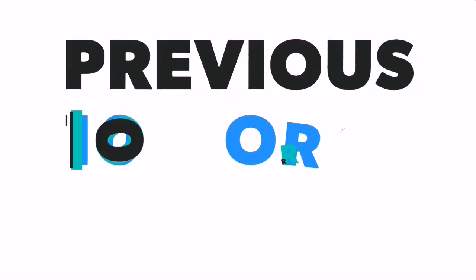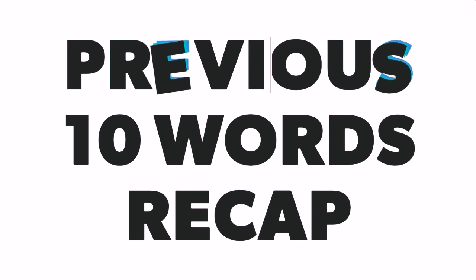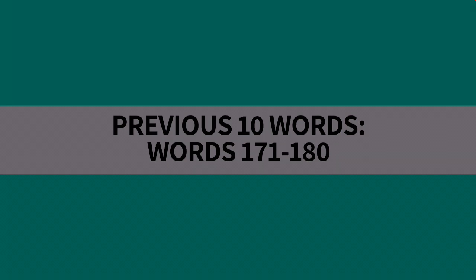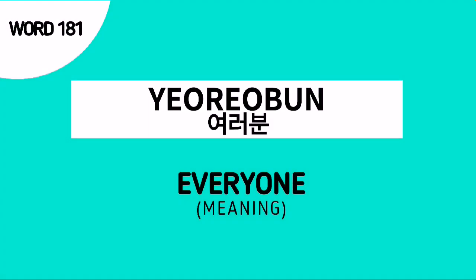Now let's proceed to the previous 10 words recap. As of now, the previous 10 words are words number 171 to 180. But don't forget our word for today, word number 181, YEOREOBUN, which means everyone.